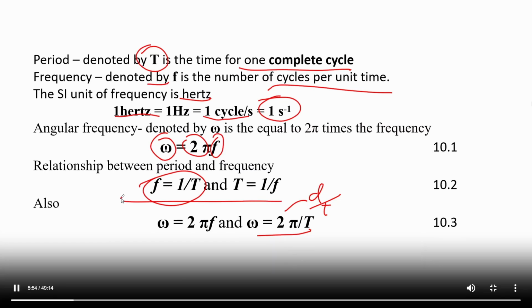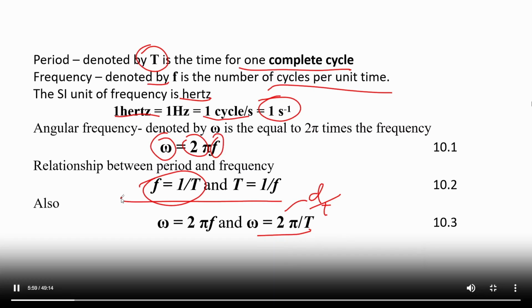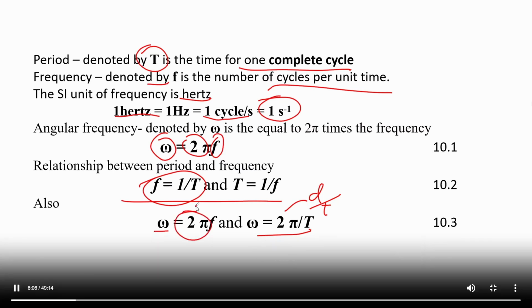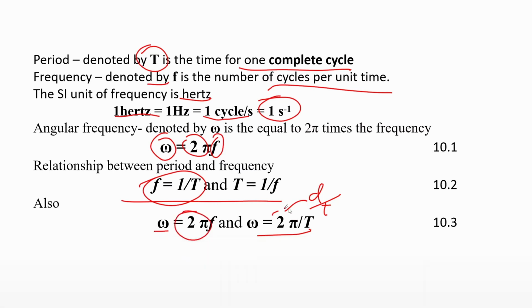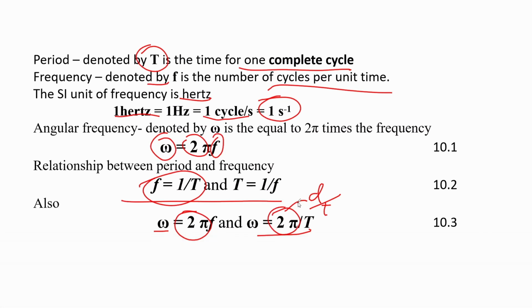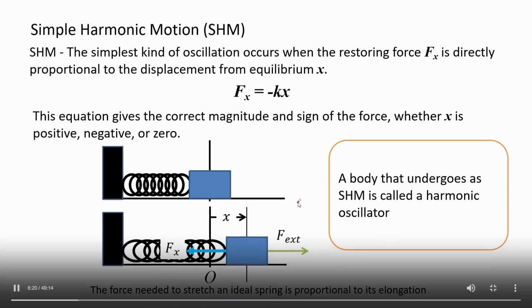The unit of frequency is hertz, and the unit of period is seconds. The angular frequency, or angular velocity as we learned, is 2 pi, the distance for one complete cycle, times f, or 2 pi divided by the time T, the period for one complete cycle. Let's go.